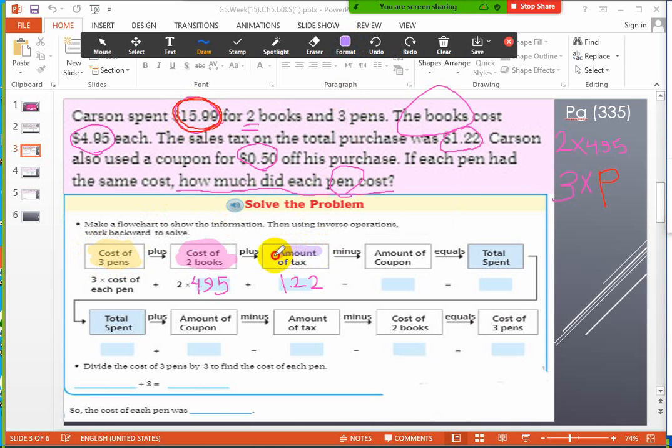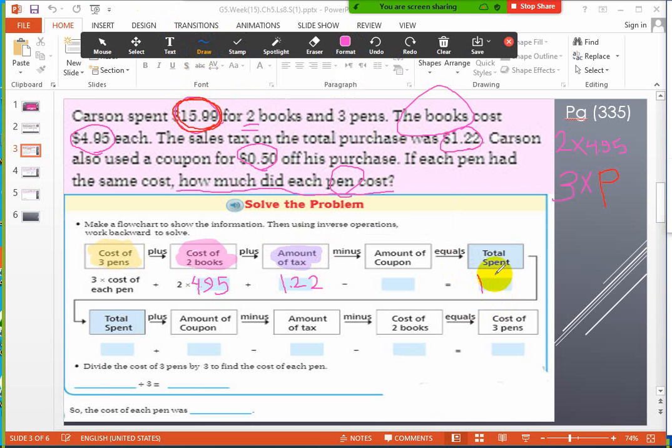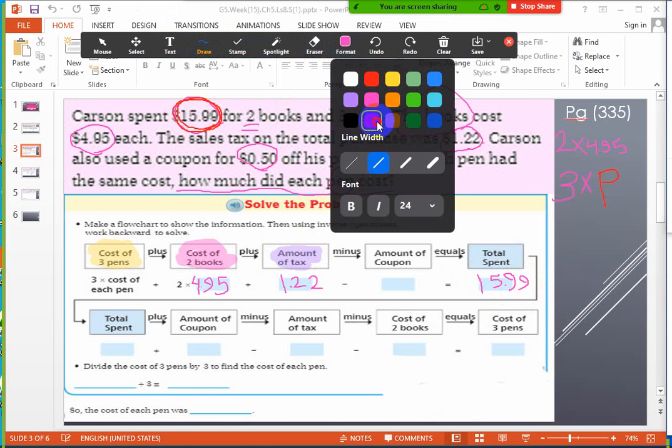This is the tax. All of those was 15.99. So the total of the money here is $15.99.